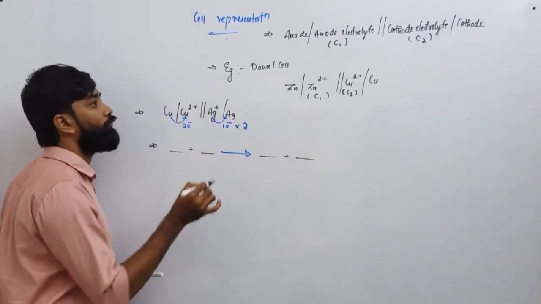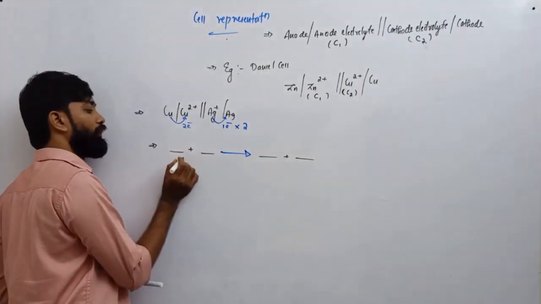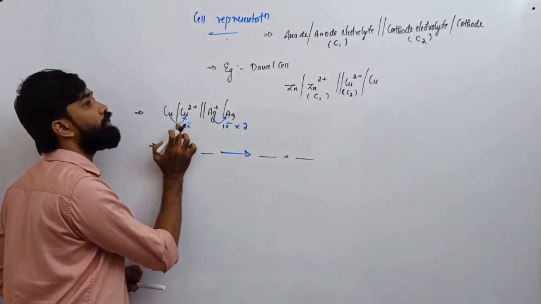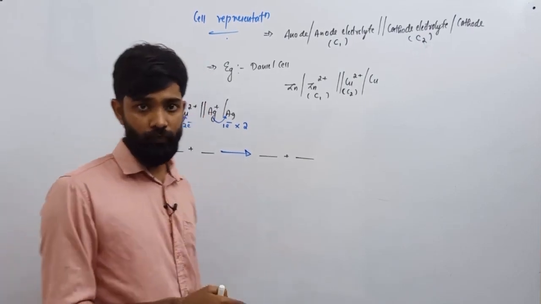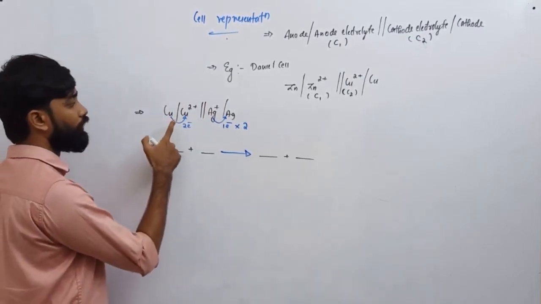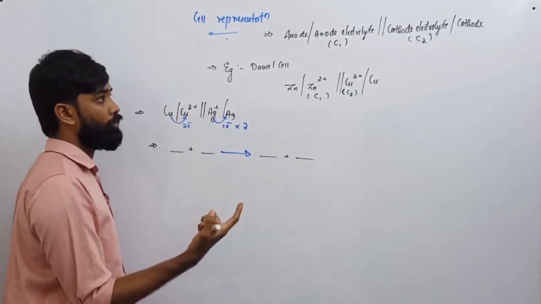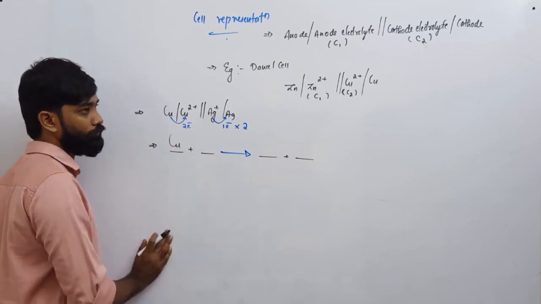Which species do you choose from the anode, that is, before the reaction? A species which is to be oxidized. Let's check: Cu2+ is already in the oxidized form, so Cu has to be oxidized. So you have to choose Cu.